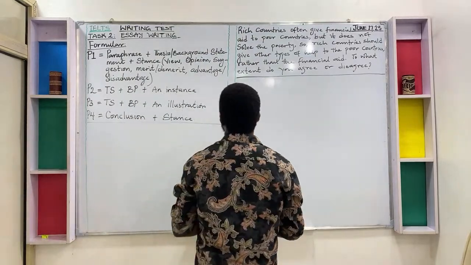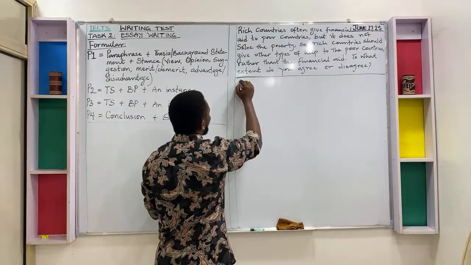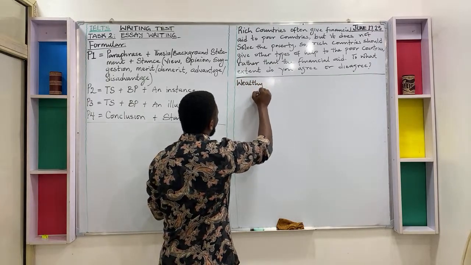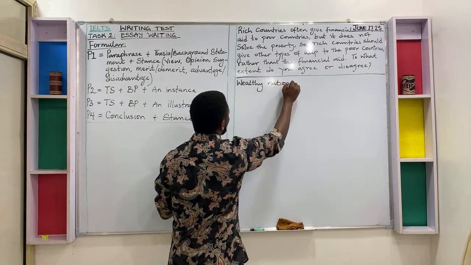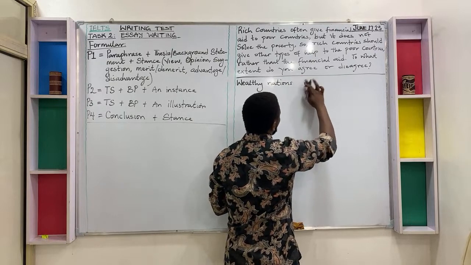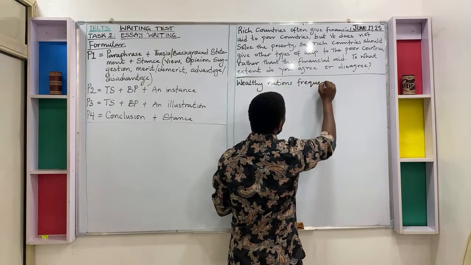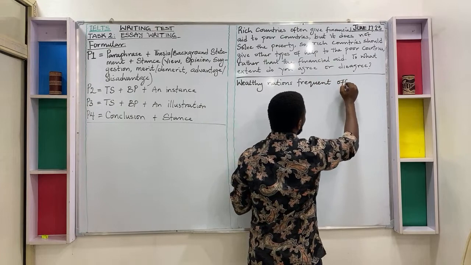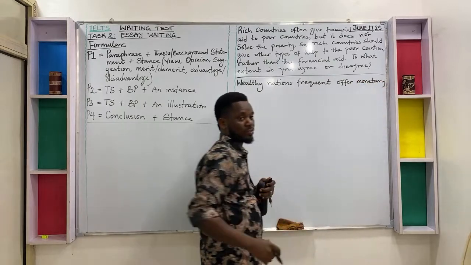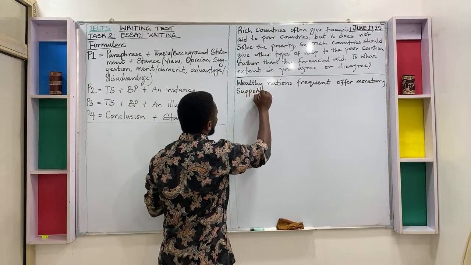Alright, so let's try to do this. If I'm to paraphrase this, I would say affluent nations or wealthy nations maybe frequently offer monetary, right? Monetary support to who?